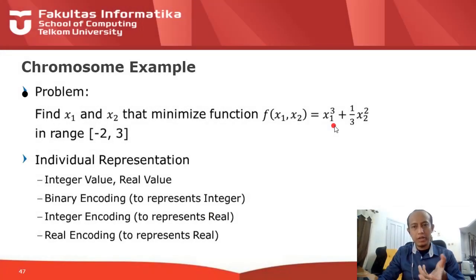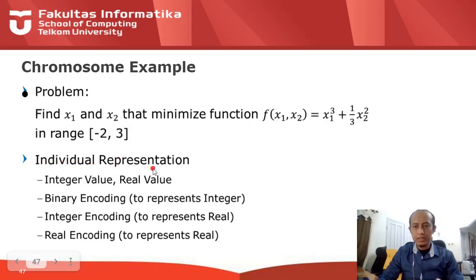Let's take a look at an example for function minimization. The problem is to find x1 and x2 that minimize this function. And the range of x1 and x2 is between -1 and 3 inclusive.